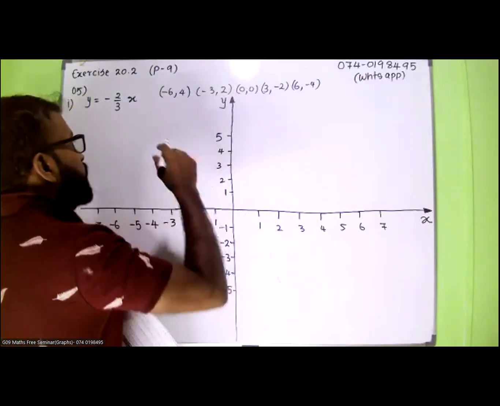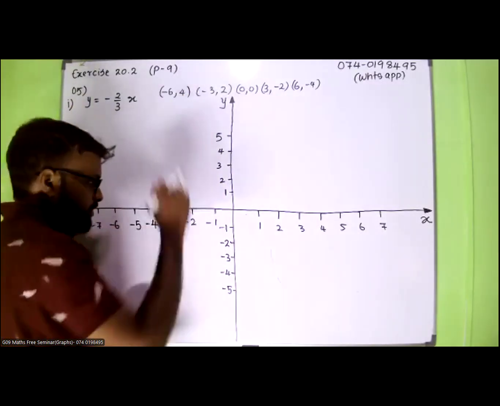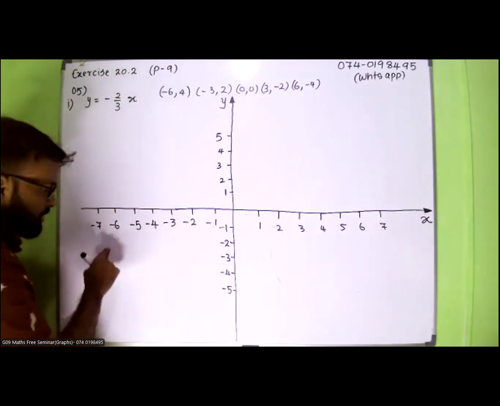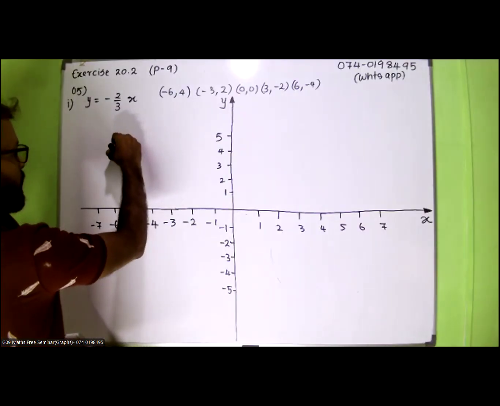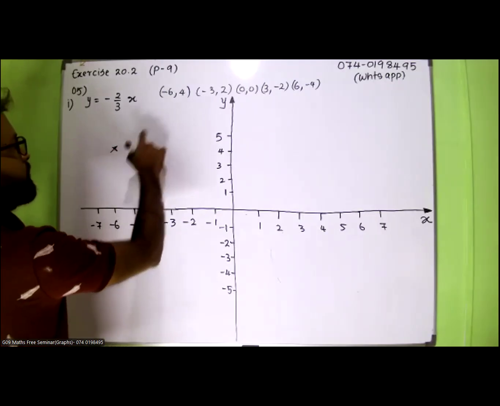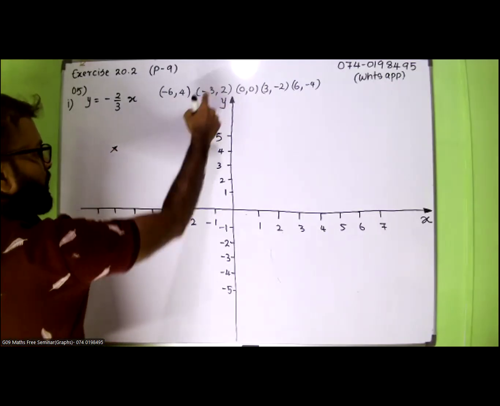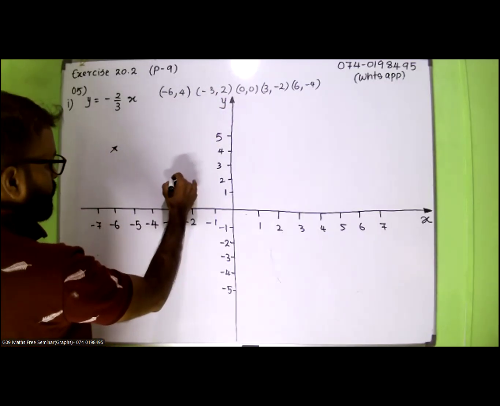Now the first point, -6, +4. -6 and +4 is somewhere around here. This is your -6, +4. -3, +2 is somewhere around here.